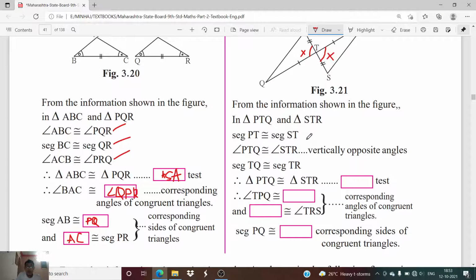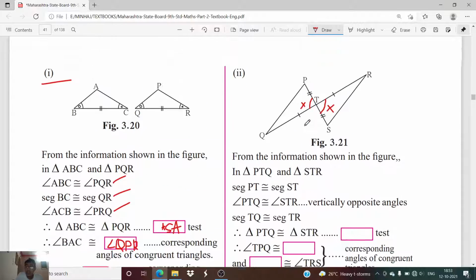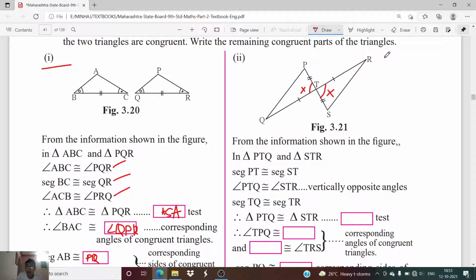So again we can state that triangle PTQ and triangle STR, both the triangles are congruent, and the reason is angle side angle test, that is ASA test.